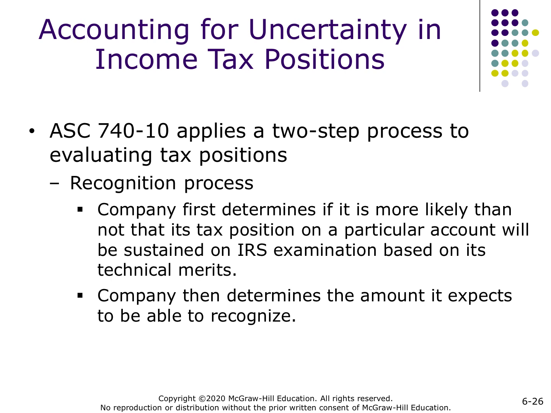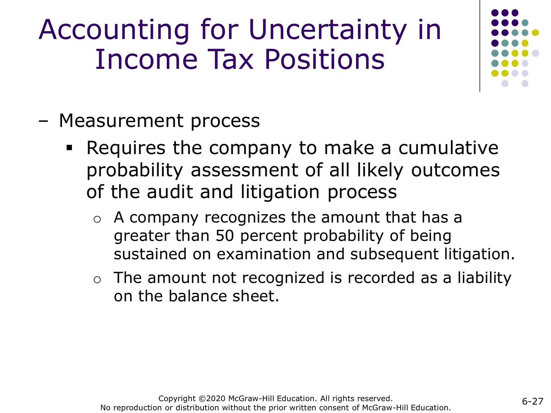So that's step one. Then we have to measure that, all right? So we have to recognize the positions, and then we have to measure them, okay? And we can recognize an amount if it has a greater than 50% probability of being sustained. All right? So this is the bar that you need to remember.